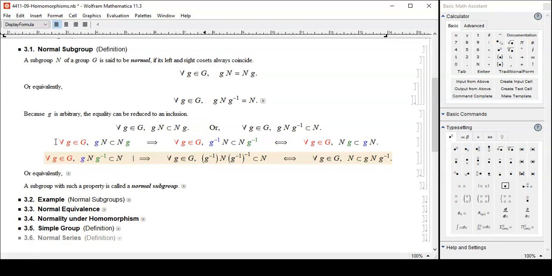Now, this works for arbitrary g, so it works for g inverse as well, because g inverse is a member of capital G too. So let's rewrite as g inverse and g inverse inverse. Now this works for arbitrary g inverse.